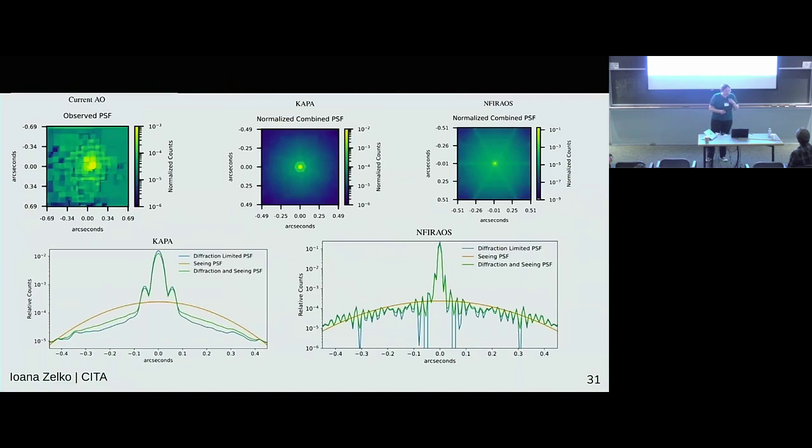So I simulated the observed point spread functions. I took the observed point spread function from the current measurements from Keck, and then used the simulated PSFs for KAPA and for NFIRAOS. These are given an assumption of Strehl ratio that is variable.